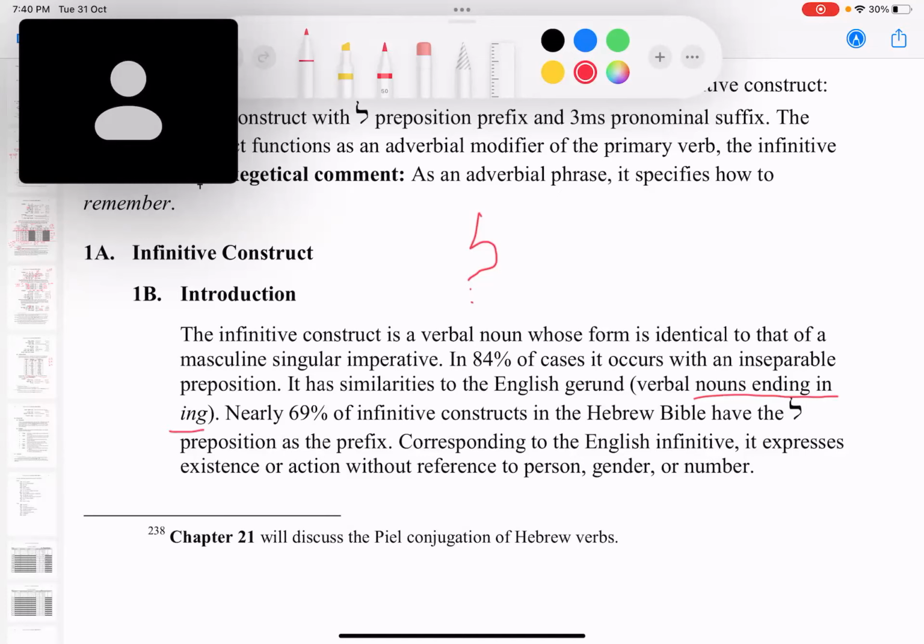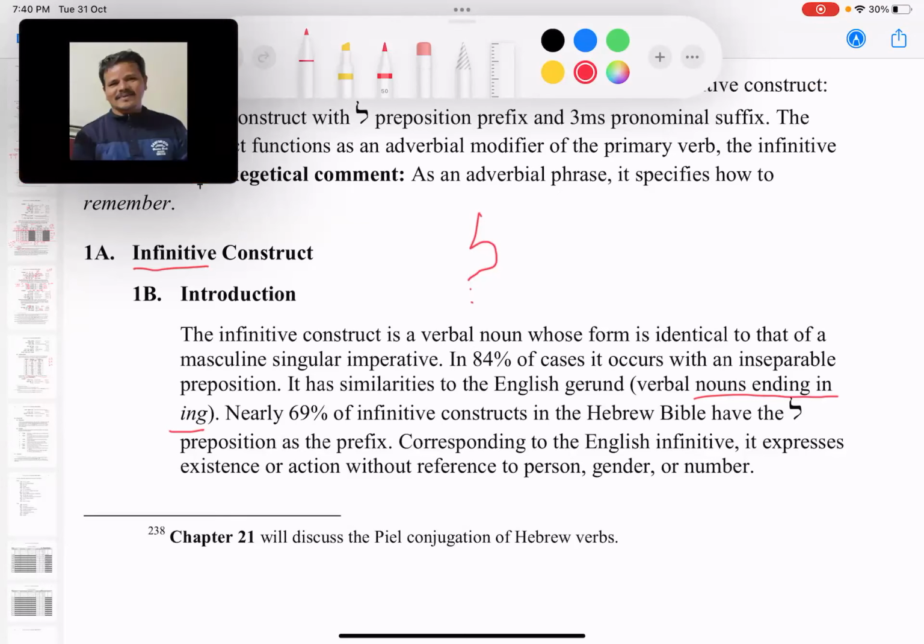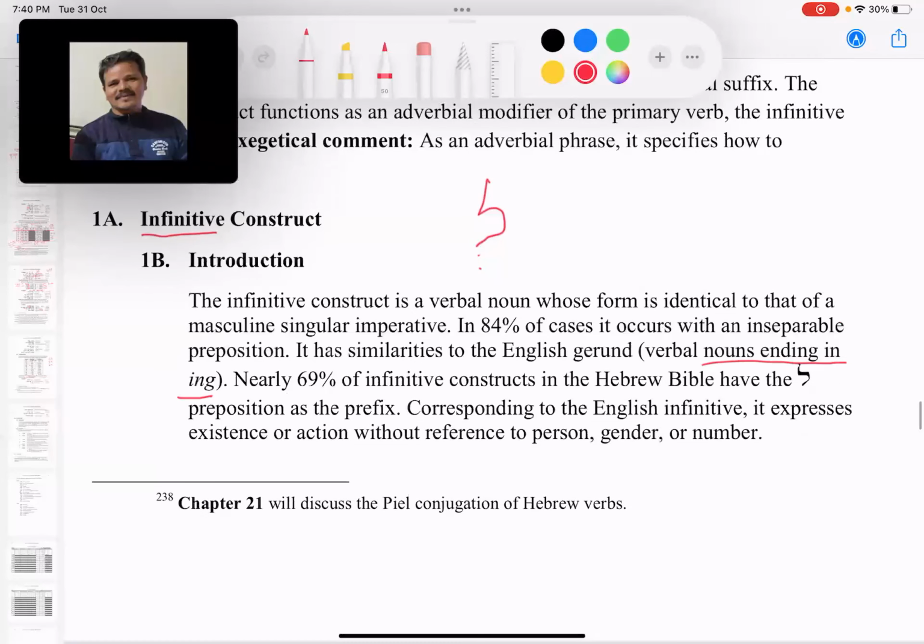What is the meaning of infinitive in English? Can anyone tell me? To.